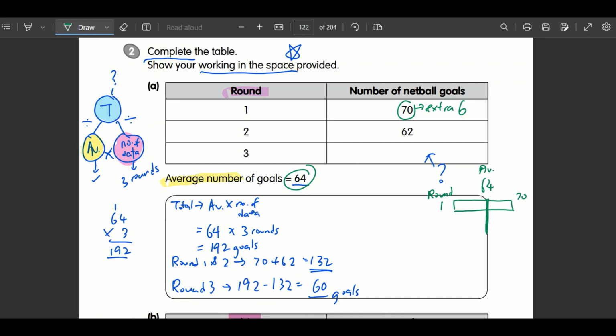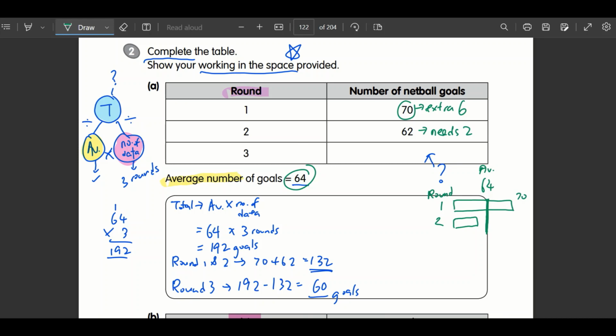Okay, and looking at round 2, round 2 is short of 2. It needs 2 to get to the average, that 64.